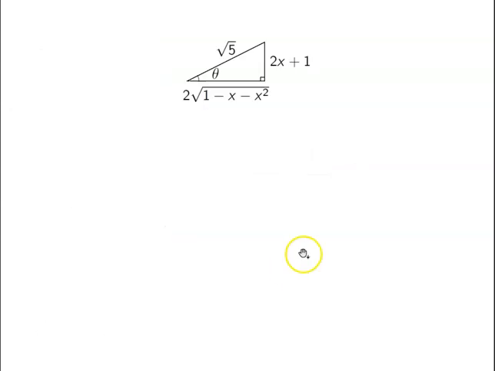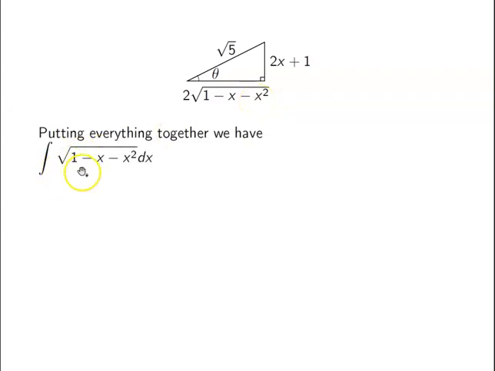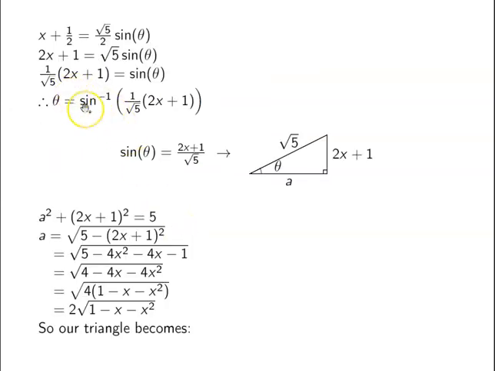Okay. Our triangle turns into the following. Just replace this for my A. Okay. Putting everything together. Square root of 1 minus x squared is 5/8 theta plus 5 over 16 sine of 2 theta plus c. My angle, we knew from back here, was sine inverse of (2x plus 1) over root 5, right?